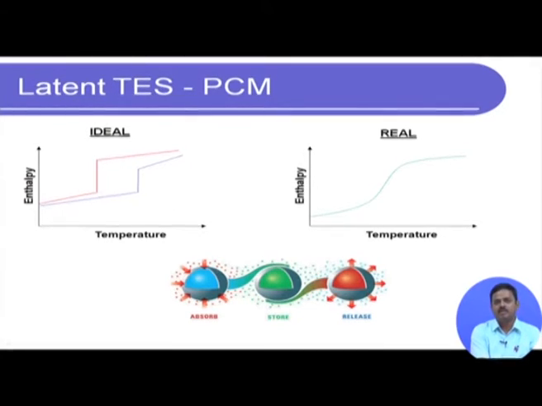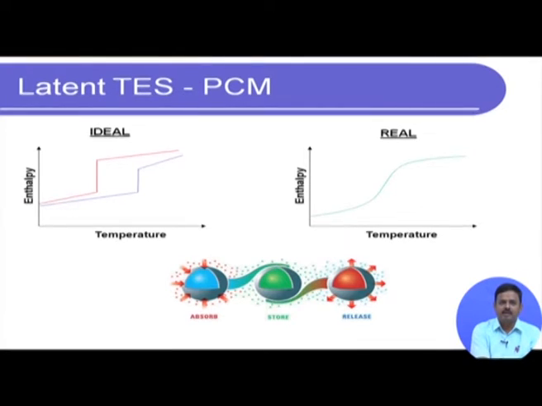Then, as I keep applying heat, the temperature does not rise beyond this, but the enthalpy increases at a constant temperature, because of the change of phase. Once it has completely melted, as I keep heating it in the liquid state, because of sensible heating the enthalpy goes up, and so does the temperature.